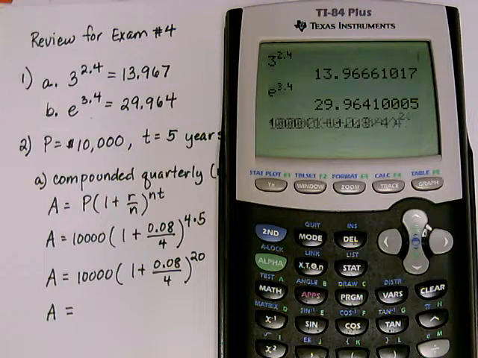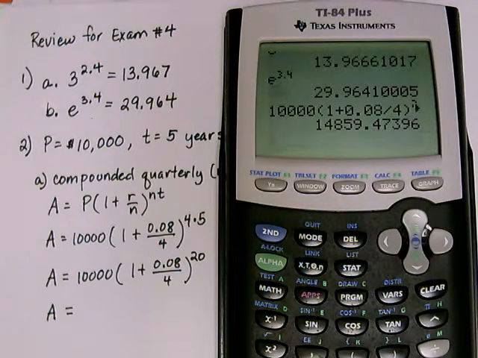And then you can go ahead and press enter. Now, since we're dealing with money amounts, we always round to 2 decimal places. So 14,859.47396 to 2 decimal places will be $14,859.47.